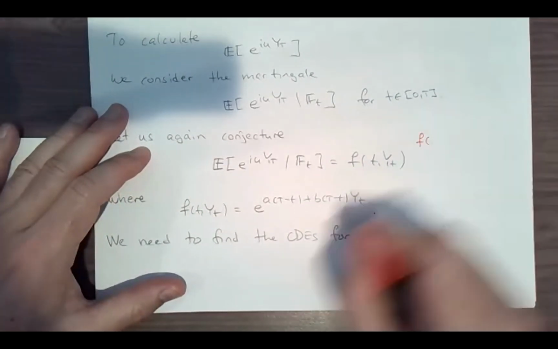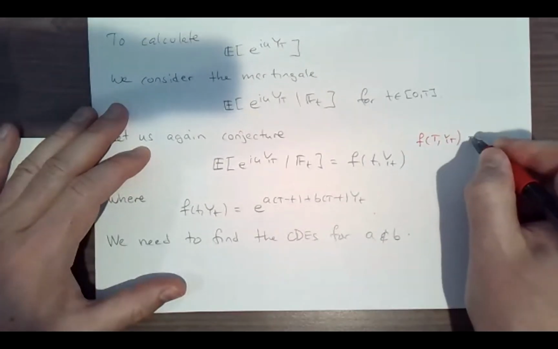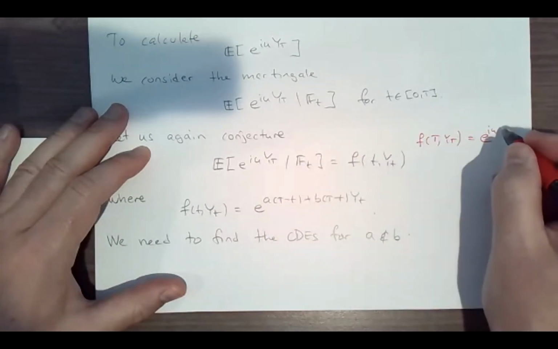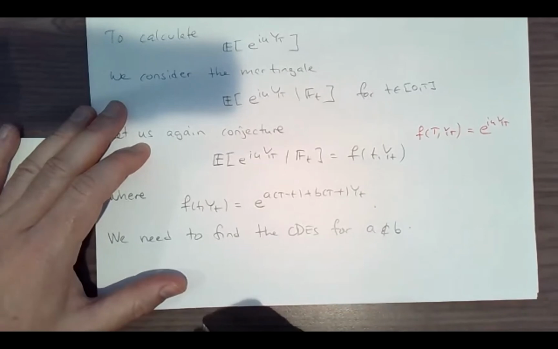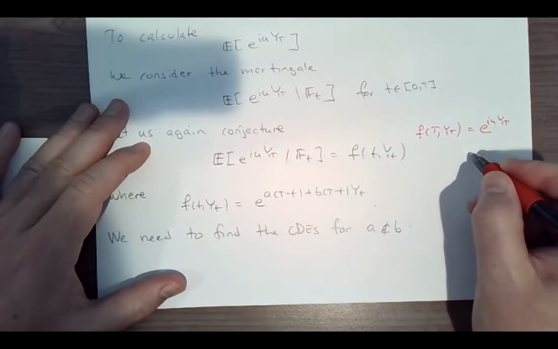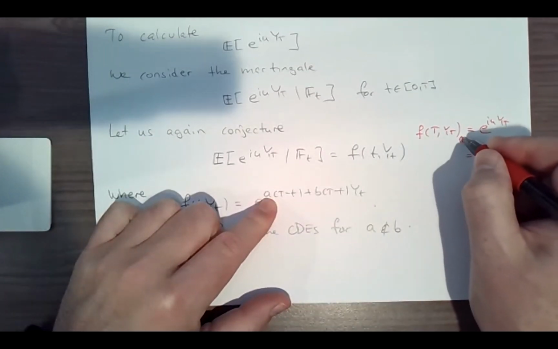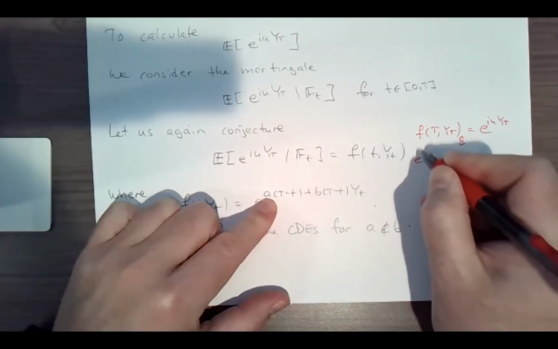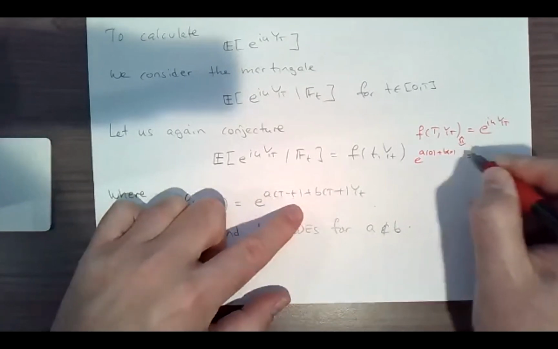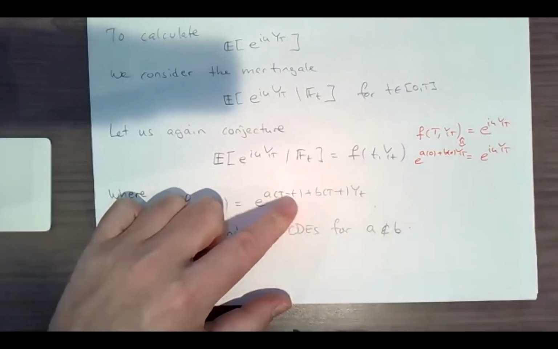if I evaluate f at the end, this is going to be e to the i u Y capital T, and at the same time, this is going to be equal to e to the A of 0 plus B of 0 times Y capital T. I want this to be true.